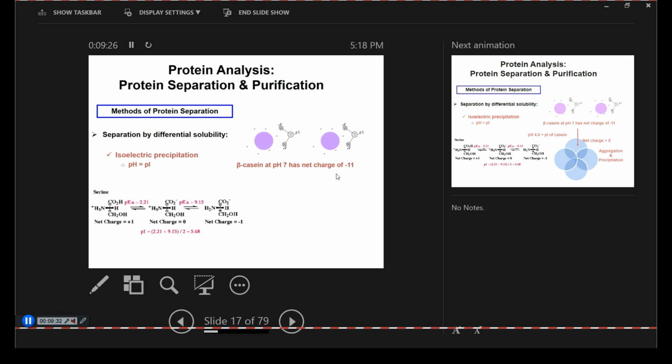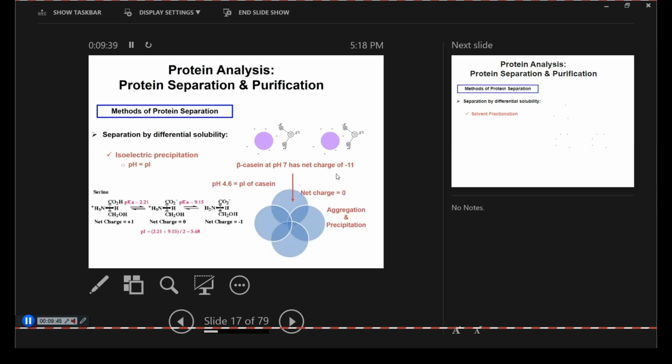So casein, for example, has a net negative charge at pH 7 with a net charge of negative 11. And it's interacting with water. Once I bring the pH to the isoelectric point of casein, for example, to 4.6, I lose the net charge, so there is no repulsion anymore, minimal interaction with water. The proteins come together via hydrophobic interaction, aggregate, and precipitate.